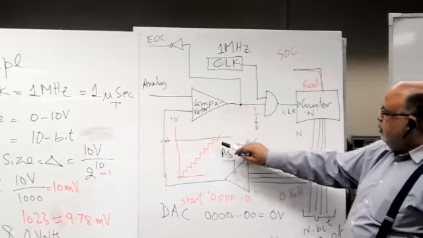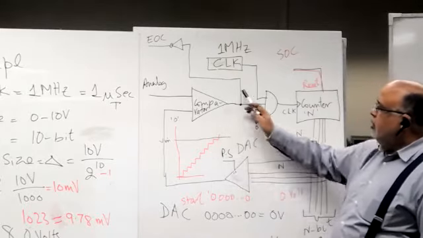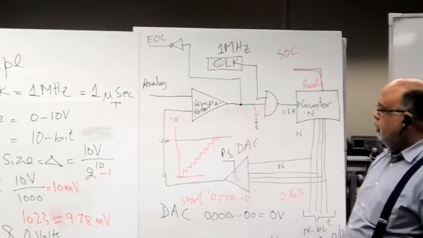So if this is slightly greater than that, output will be locked to the next level.